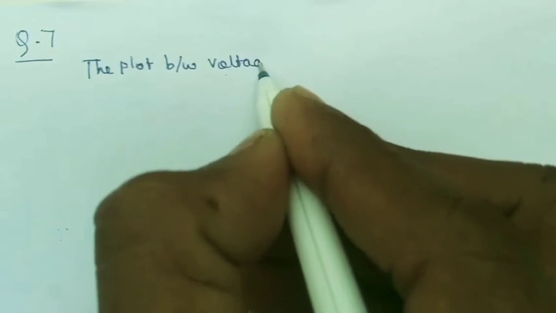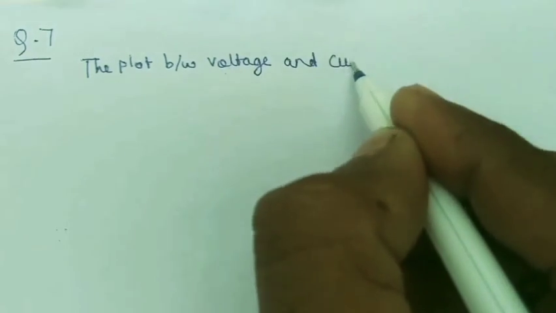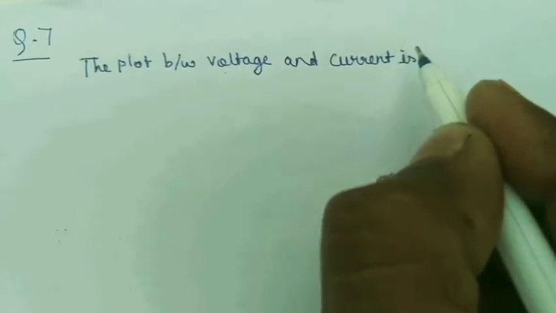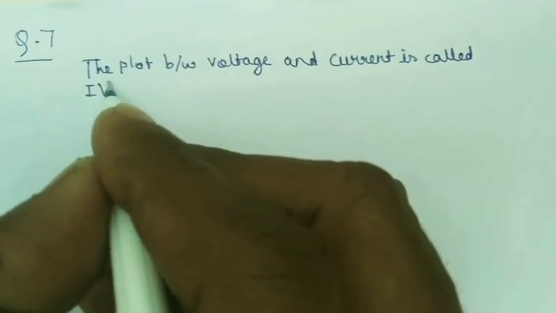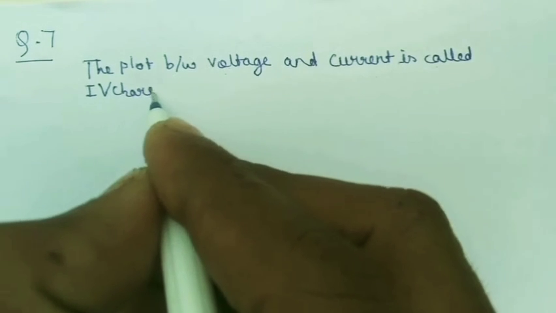The plot between voltage and current is called IV characteristic.